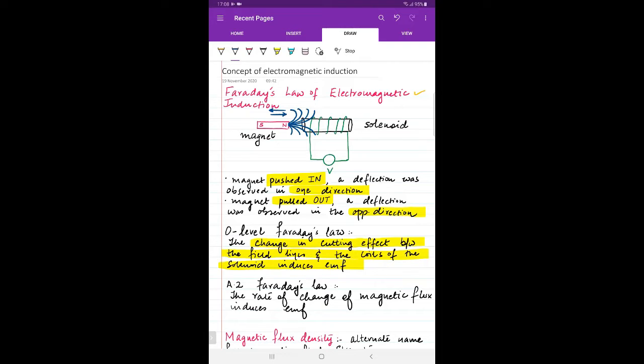And this change in cutting effect, based on the O level theory, was responsible for inducing EMF in the circuit. That is how we suggested Faraday's law in O levels.